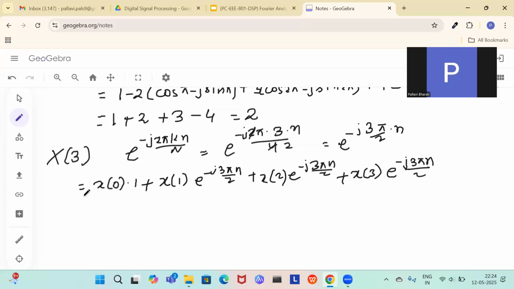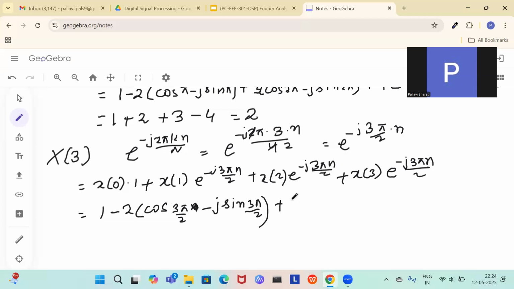Now, the value of x0 was given as 1. For x1, the value was minus 2, and this is cos 3 pi n by 2. So n over here is 1, so cos 3 pi by 2 minus j sine 3 pi by 2.